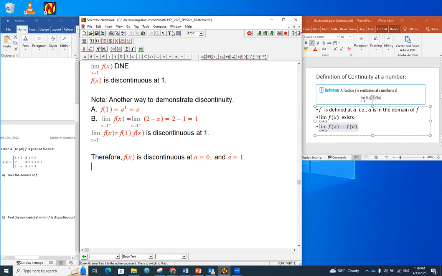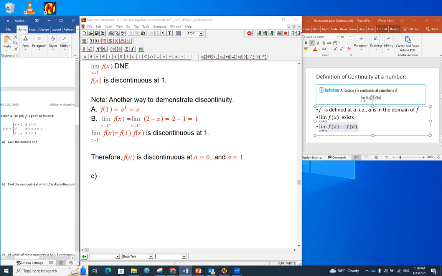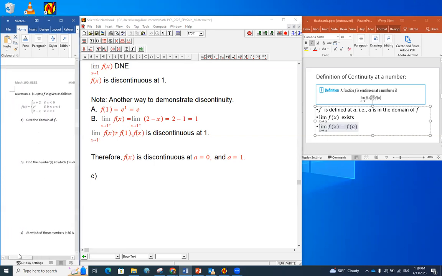Now question C. Find the numbers at which, of these numbers in B, we have 2 numbers, f is continuous from right, f is continuous from left, or neither.